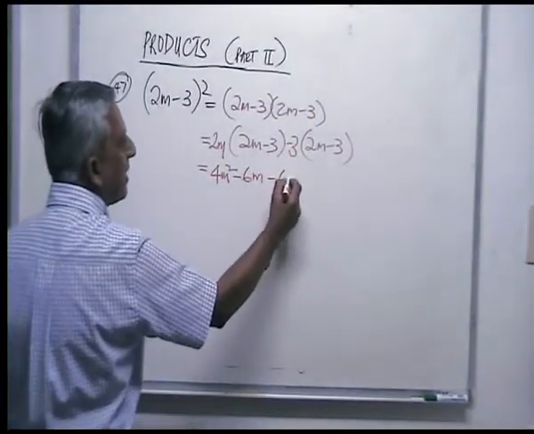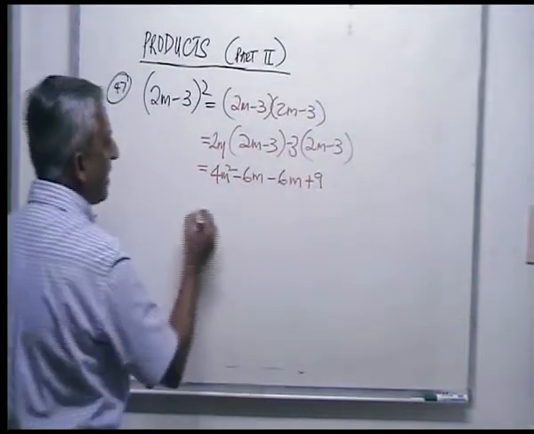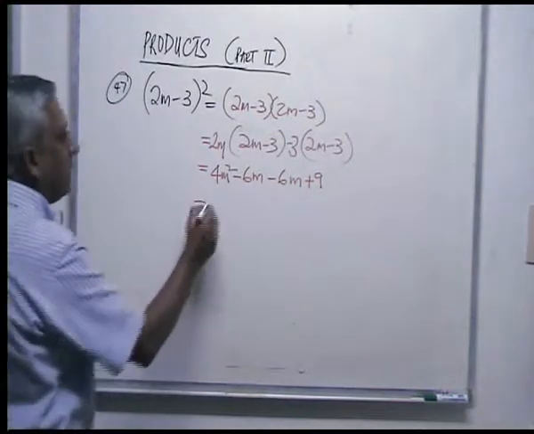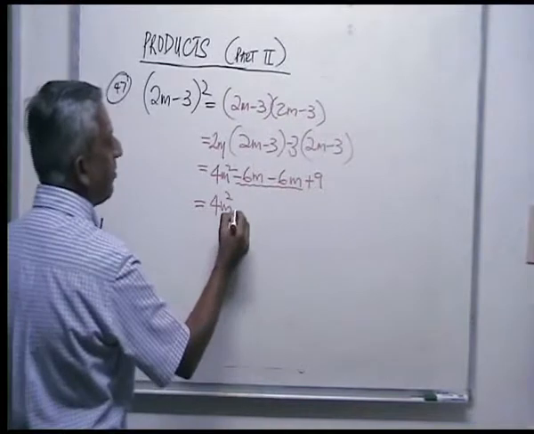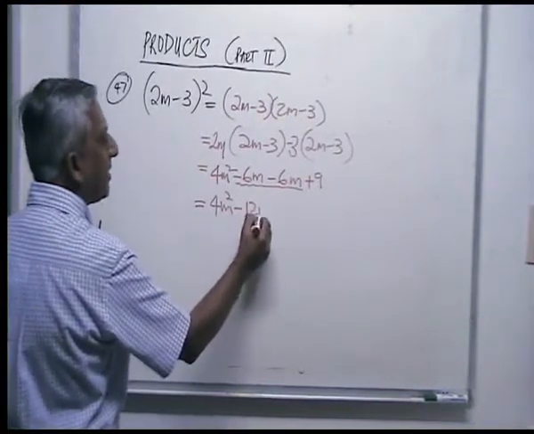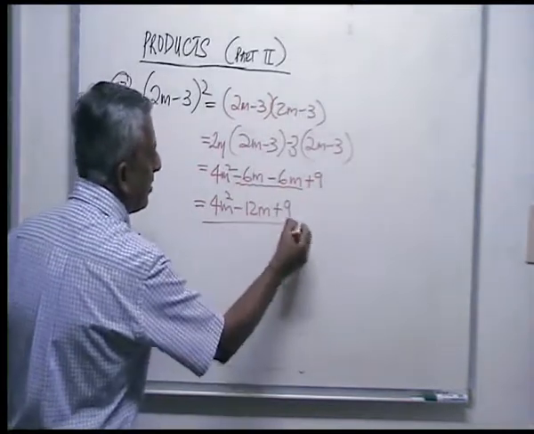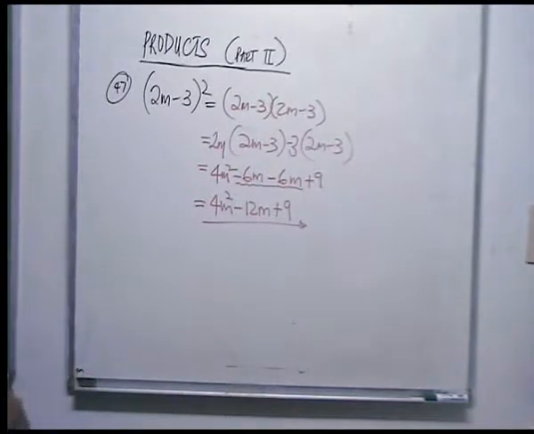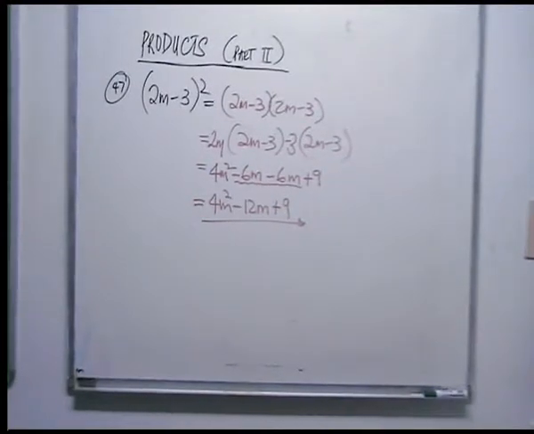Minus 3 times 2 gives you minus 6m. Minus times minus gives you plus 9. And then once again bring down the 4m squared. Add those like terms up. Minus 6 plus minus 6 gives you minus 12m plus 9. So that brings us to the end of the examples on squaring a binomial. Alright, later on when we finish with products, then we will come to the shortcuts.